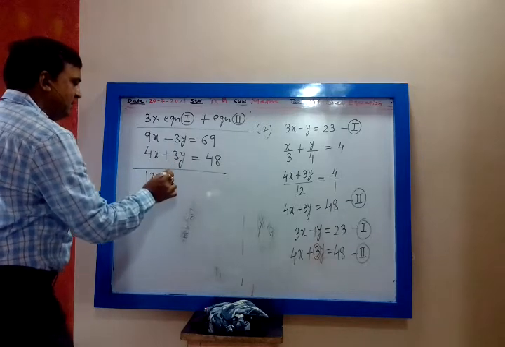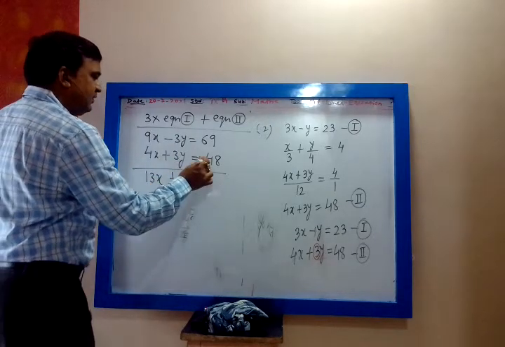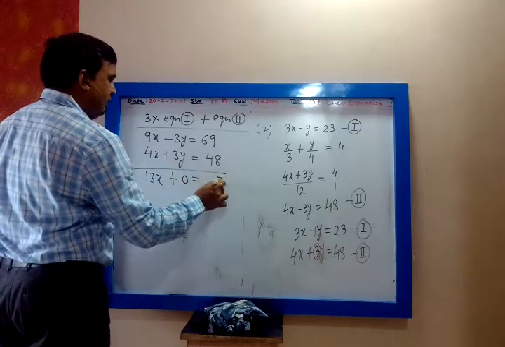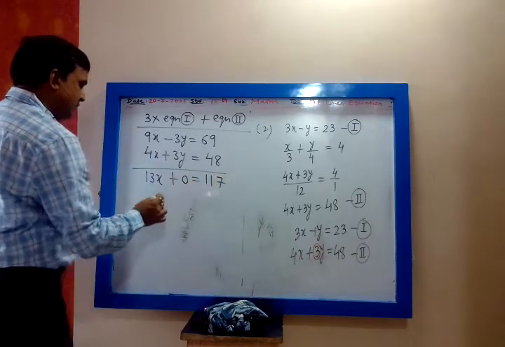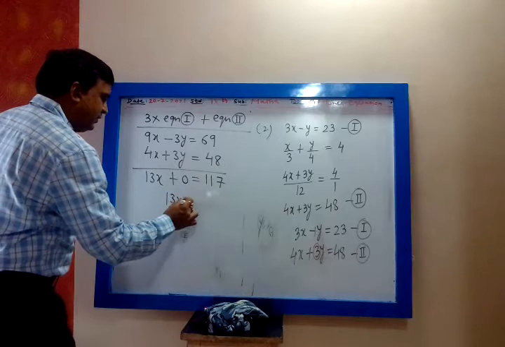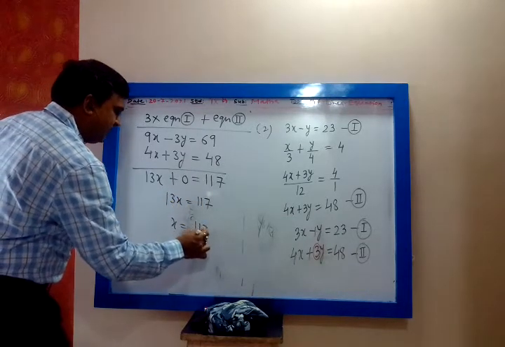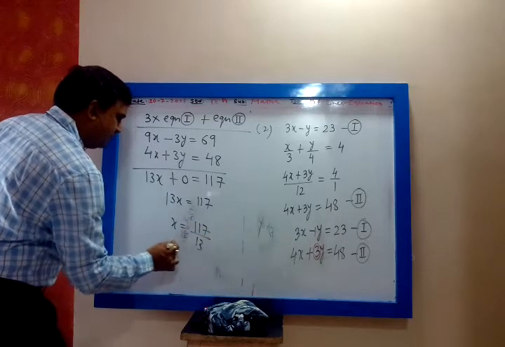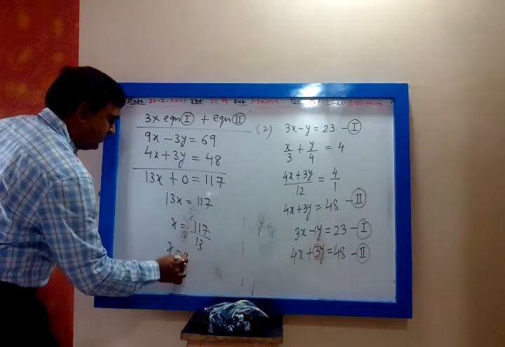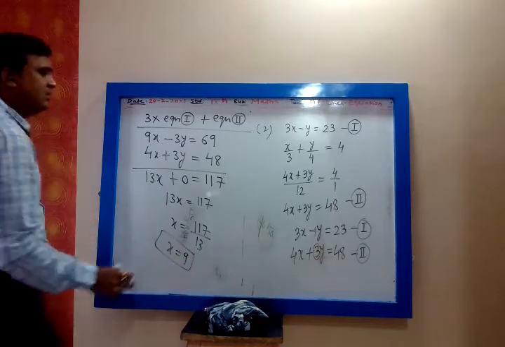Then minus 3y plus 3y is 0. 69 plus 48 is 117. So 13x is equal to 117. So x is equal to 117 upon 13. So x is equal to 9. Put this value of x in equation 1.